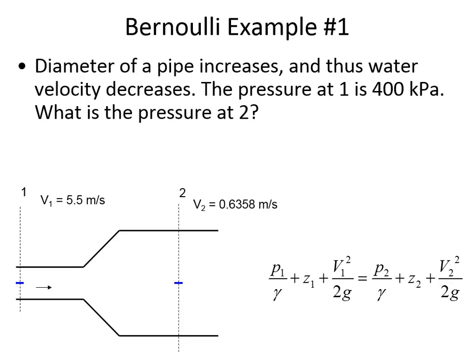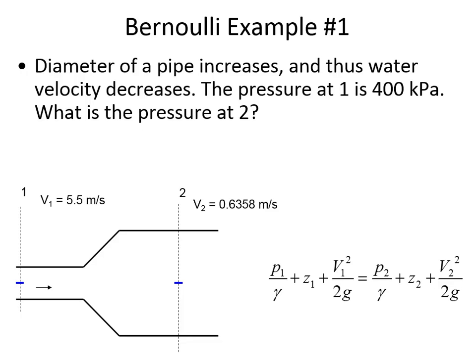The unit weight of water is 9810 newtons per meter cubed. And Z1 equals Z2. Bernoulli's equation can be simplified then. It's just going to be P1 divided by gamma plus V1 squared divided by 2g is equal to P2 divided by gamma plus V2 squared divided by 2g. All right. So I left out the Z term because the elevations are the same between the two.